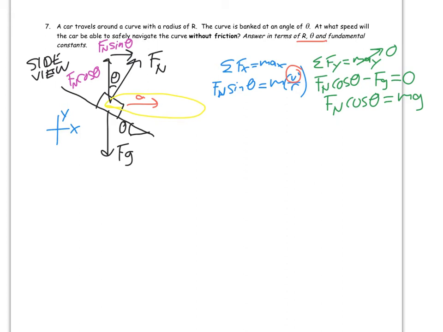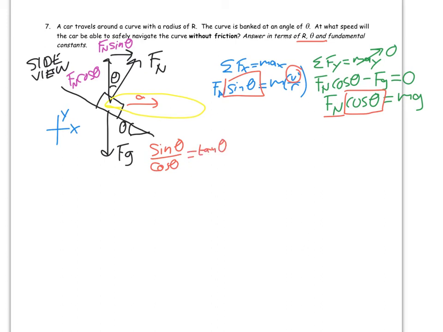So we somehow need to get rid of this m. We somehow need to get rid of that normal force there. So this is what I would be thinking about, and there are a few ways of combining it. I could just solve this equation for Fn and substitute it in. But what I see is there's this cosine of theta and there's this sine of theta, and I know that sine of theta over cosine of theta equals tangent of theta.